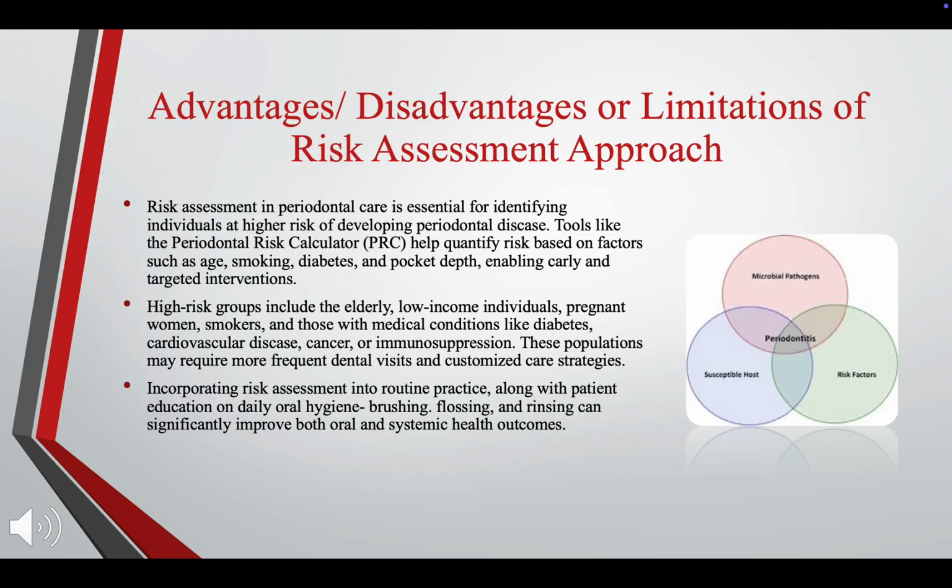High-risk groups include the elderly, low-income individuals, pregnant women, smokers, and those with medical conditions like diabetes, cardiovascular disease, cancer, or immunosuppression diseases. This population may require frequent dental visits and customized care strategies.